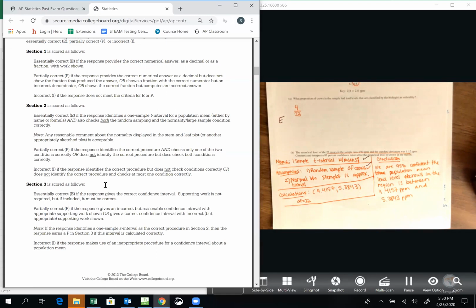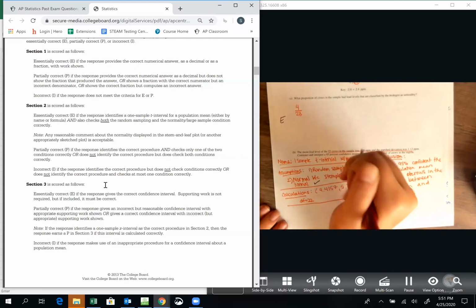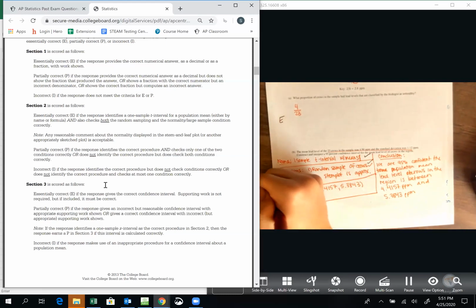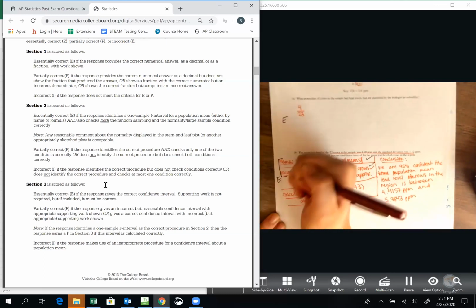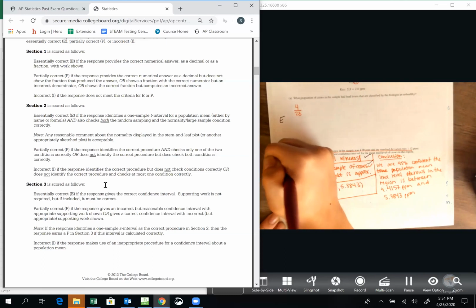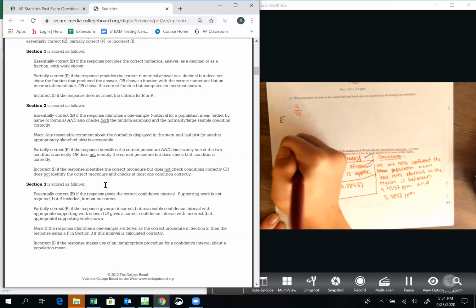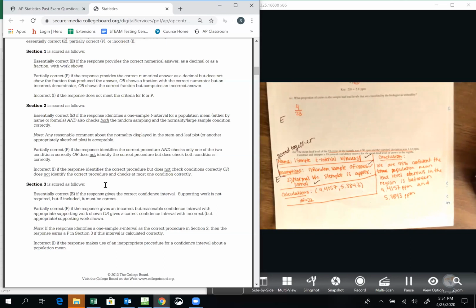So to check normality, it's normal because the stem plot is approximately normal, or the sampling distribution is normal because our stem plot from our sample is approximately normal. So if you had all 3 of those, that's an essentially correct. And assumptions and the name are often scored together.